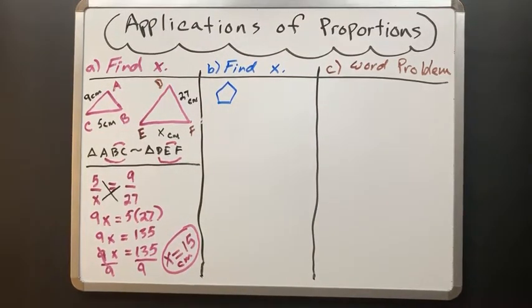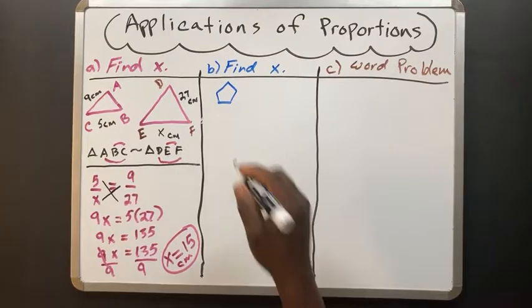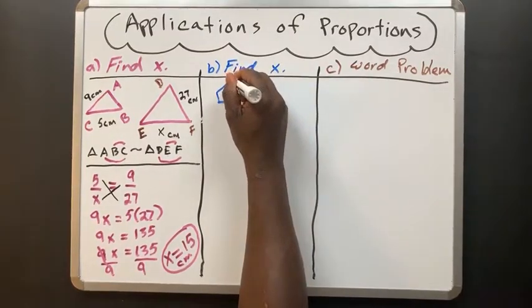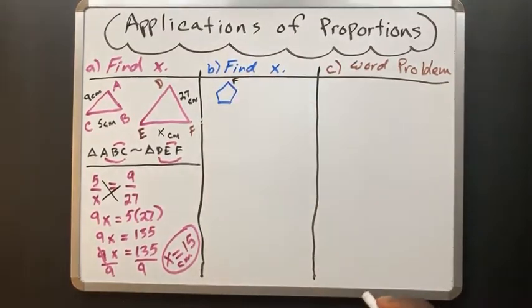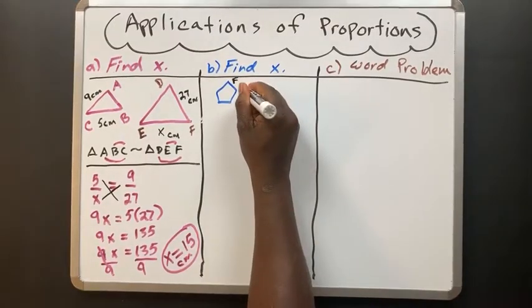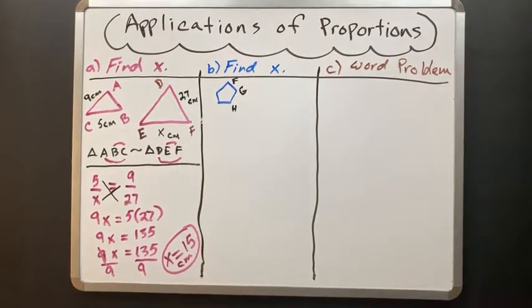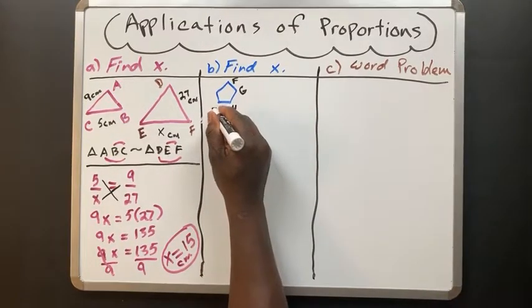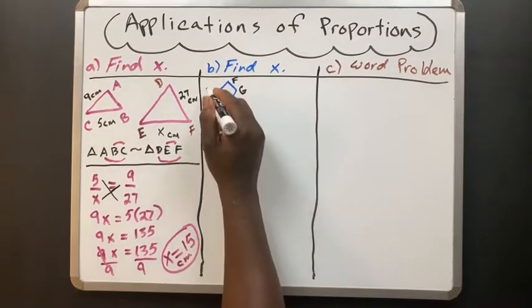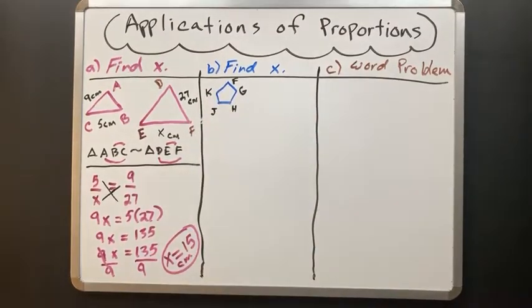Okay, now let's go ahead and label the parts. So this is said to be F, and this is G. We have H. We have J here, and then K. Now, they give us side lengths, and I'm just going to draw a picture.